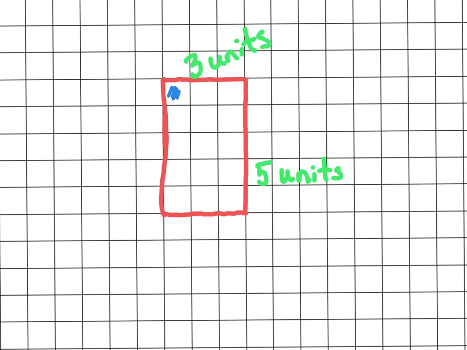We've got 1, 2, 3, 4, 5, 6, 7, 8, 9, 10, 11, 12, 13, 14, 15. We have 15 units. So the area is 15 squared units inside of this rectangle.